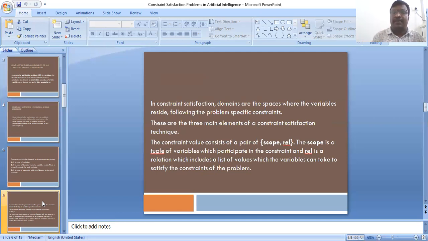Scope is a tuple of variables which participate in the constraint, and rel is the relation which includes a list of values that the variables can take to satisfy the constraint of the problem.